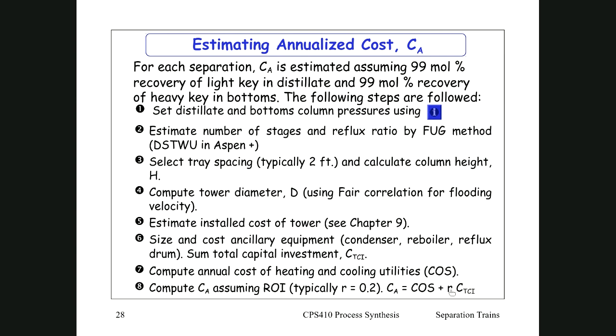So if you say R equals 0.2, then we are assuming that the payback period for that capital is going to be 5 years, because we can take the total capital investment and divide it by 5 or multiply it by 0.2 to equilibrate the capital investment into a running cost. And then you can add those two running costs together, and then you have a single annualized cost, so that you can compare one distillation column with another.